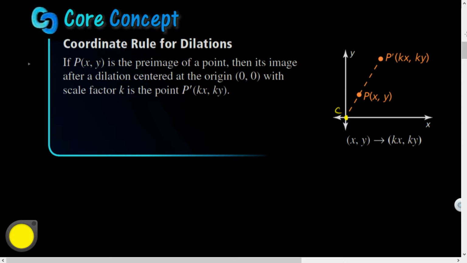It's not that bad, right? And whatever this distance was, this distance is k times as much. So if this distance was d, then this would be k times d. It's k times as far away.